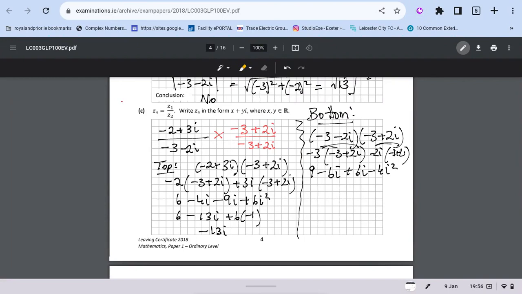Once again, once we see i squared, alarm bells are ringing, we're firing in minus 1. We can see there my i's go. I have 9 minus 4 times minus 1, which gives you 13. And now just put the top over the bottom. 13 goes into each of those. 13 out of 13 goes once. So we're left with minus 1i.